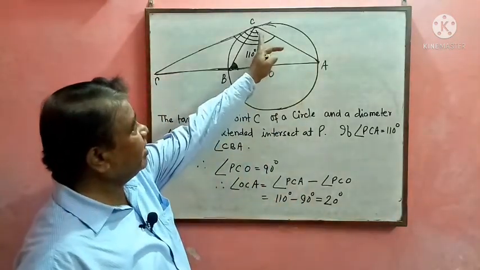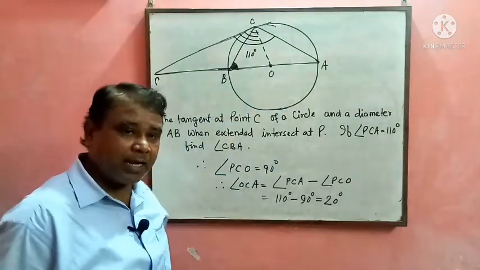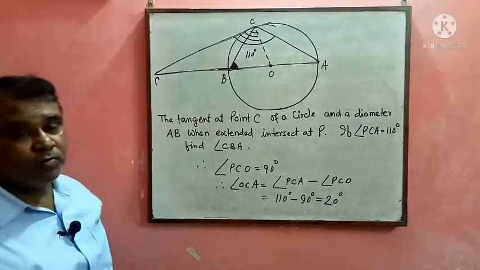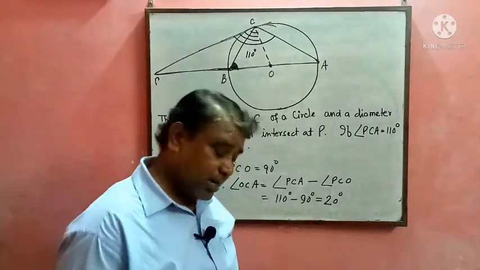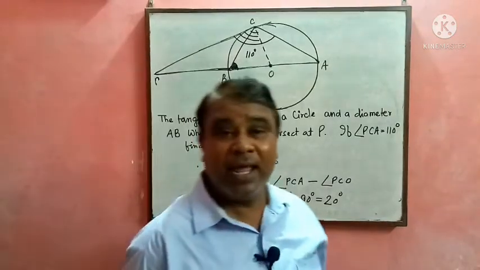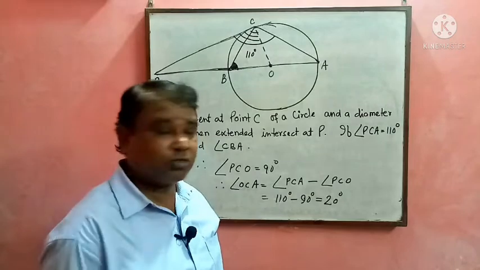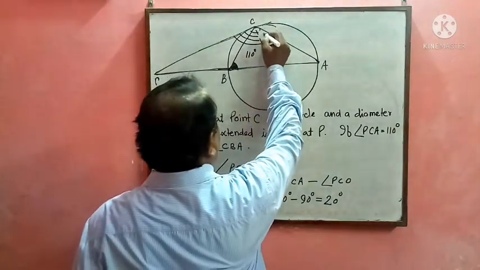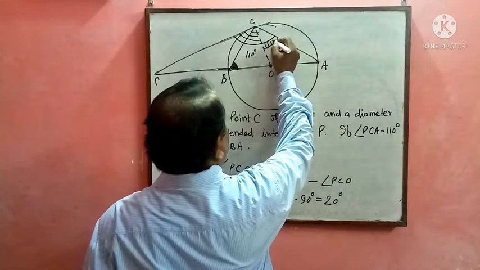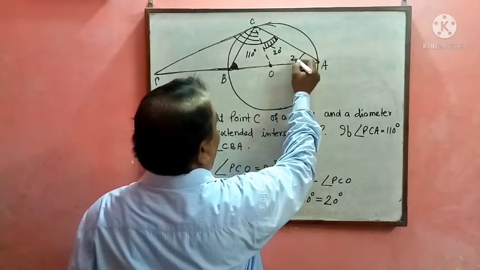If it is 20 degree, you see OCA is an isosceles triangle. Whenever the center is a vertex and the other two vertices lie on the circumference, then it will definitely be an isosceles triangle. So if this angle is 20 degree, definitely this angle is also 20 degree.